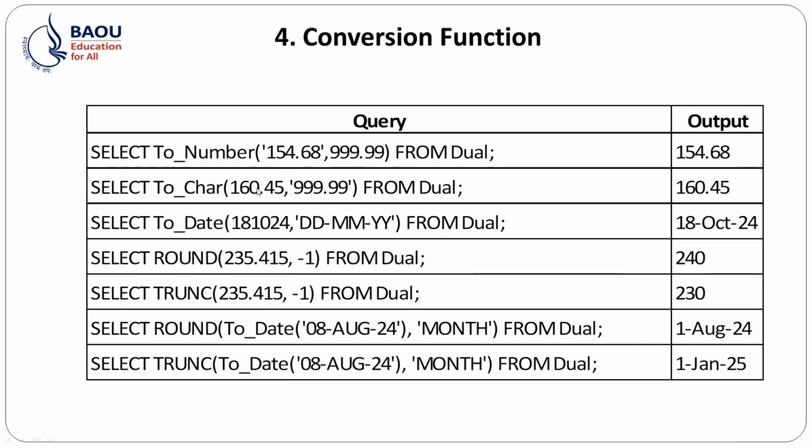Now the number is converted into character format. This TO_CHAR function is used to convert the number into the string or character format. The TO_DATE function is used to convert this number into the date format. So it will display like this.